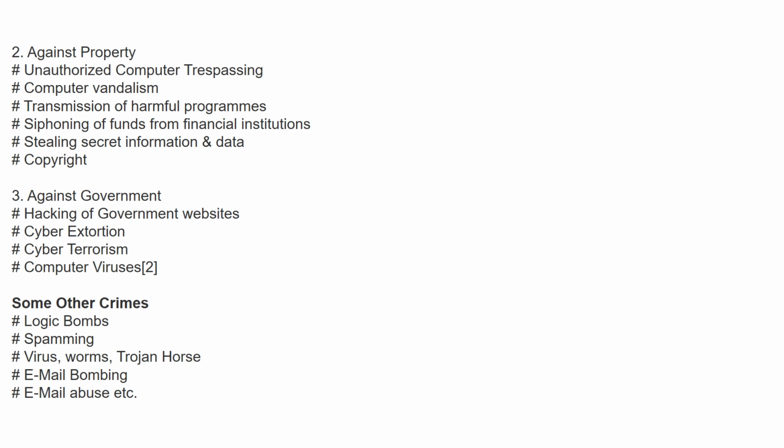Against government, it can be hacking of government websites, cyber extortion, cyber terrorism, computer viruses, etc. Some other crimes include logic bombs, spamming, virus, worms, Trojan horse, like email bombing and email abuse, etc.